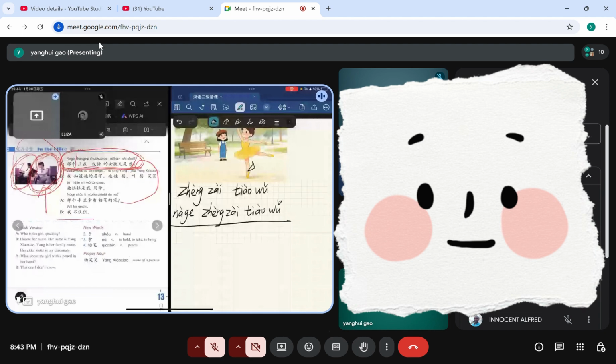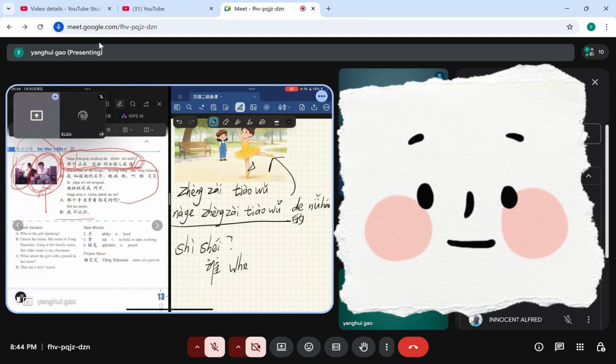So 的 and then 女孩, 那个正在跳舞的女孩. So now we know exactly which girl we talk about. And to ask who is that girl? 是谁, 谁 means who. 那个正在跳舞的女孩是谁? So who is the girl who is dancing? If you don't know, you just answer 我不认识.